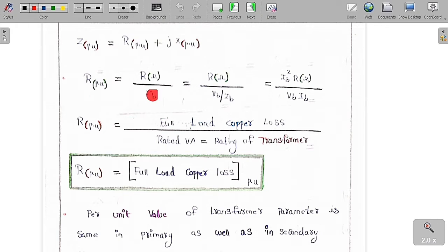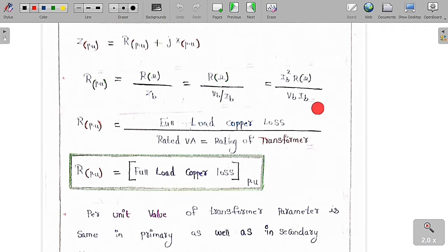R by Z base, we can write Z base as V base by I base, so we get I base into R by V base. Multiplying by I base in numerator and denominator, we get I base square R by V base I base. This R per unit is called the full load copper loss.